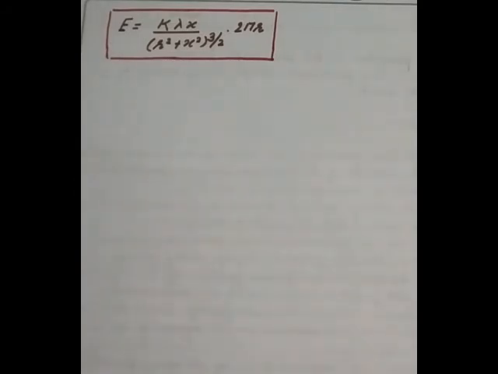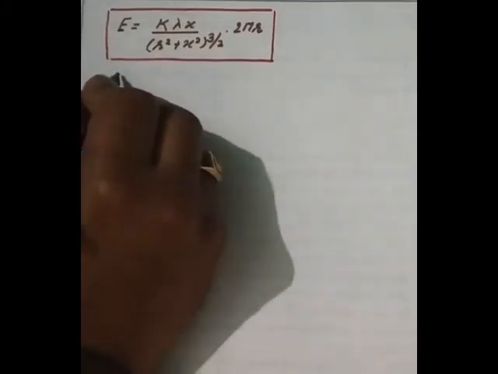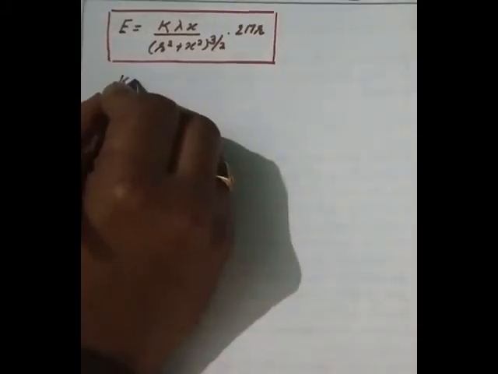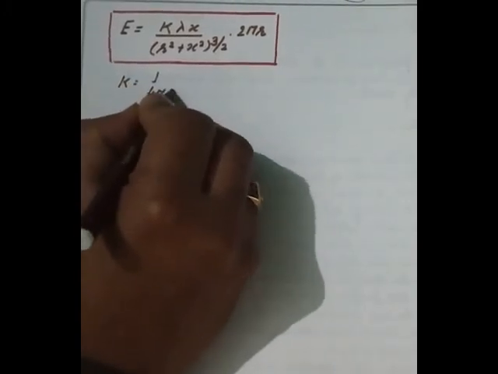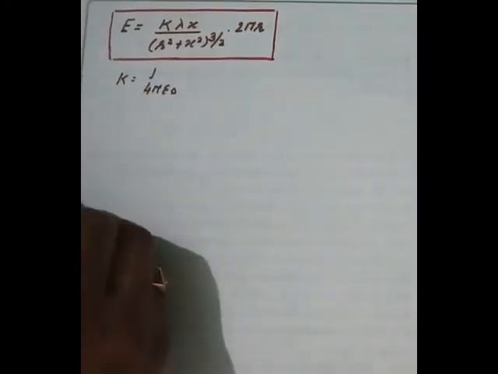Or you can use the value of k, 1 upon 4 pi epsilon naught.